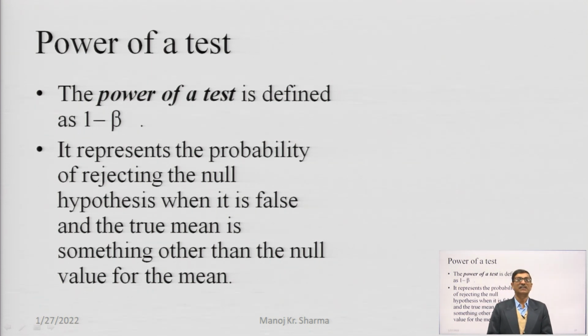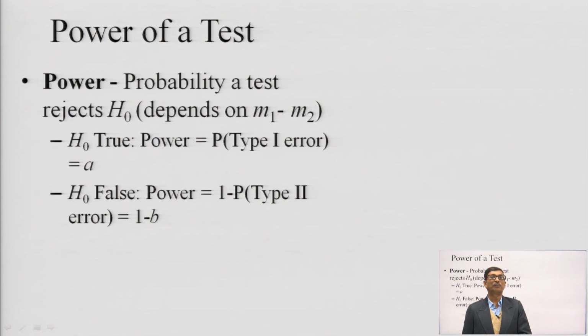So, the power of a test is the probability that a test rejects the null hypothesis, and depends upon the difference of means. If the null hypothesis is true, the probability of rejection is the first type of error, that is alpha, and if the null hypothesis is false, power equals 1 minus type 2 error, that is 1 minus beta.